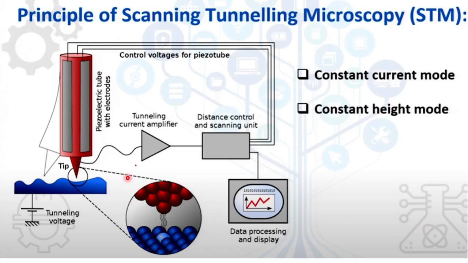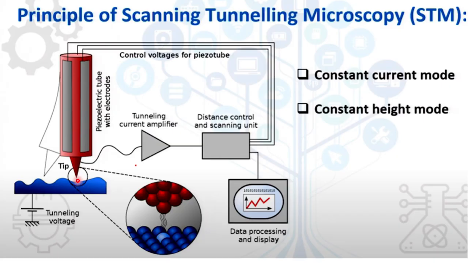And constant current means the current that is generated between the surface and your probe is maintained. In that way it will probe the surface. For that, of course, we need to provide a bias, and then the current will tunnel from your sample surface to the probe.